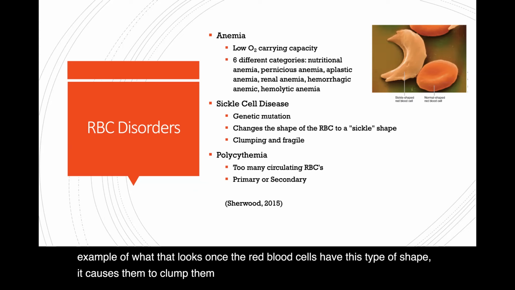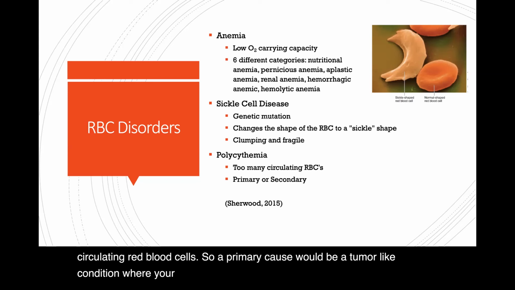And then polycythemia is actually the opposite of both of those. This is when you have too many circulating red blood cells. So a primary cause would be a tumor-like condition where your erythropoiesis is just proceeding at an excessive rate. It just continues to produce red blood cells even though your body doesn't need it.